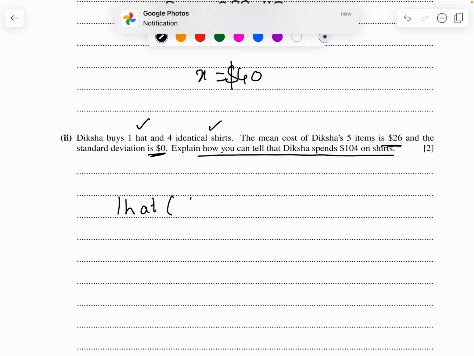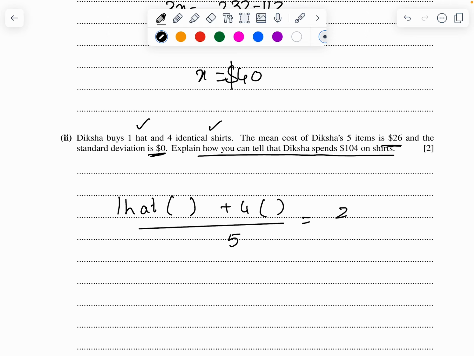The cost of 1 hat, we don't know, plus 4 identical shirts cost, divided by 5, should equal $26. That is the mean cost, and the standard deviation is 0. Now we can see that 26 times 4 is 104.